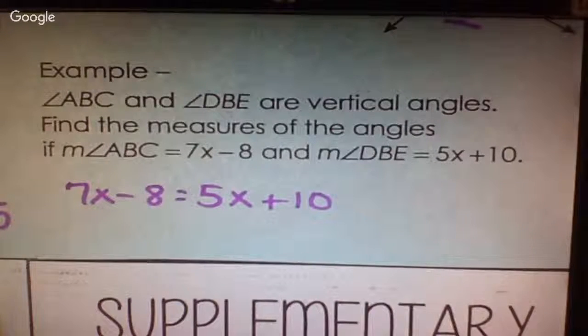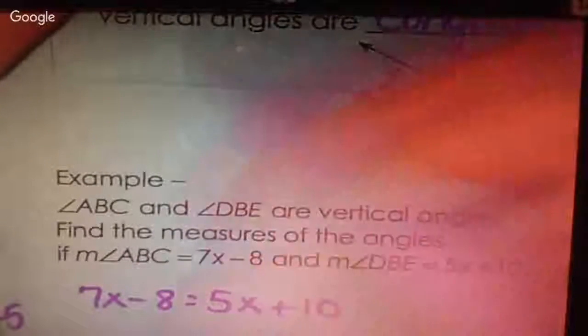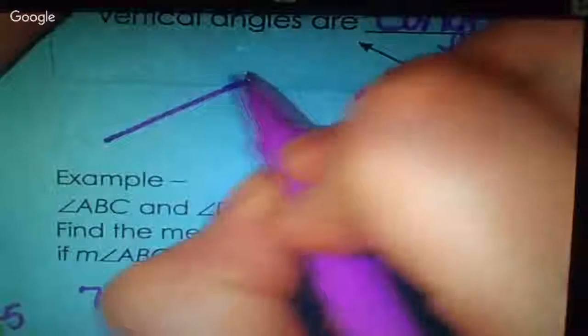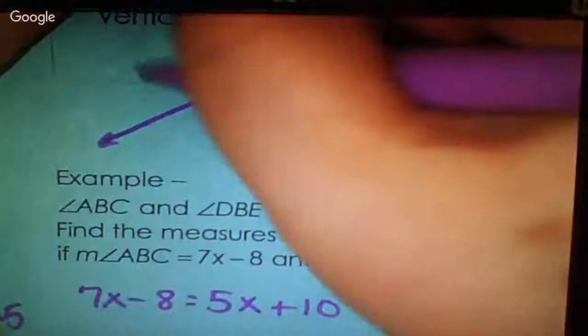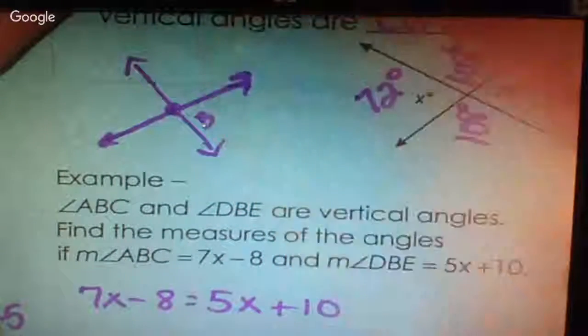Okay, so let's say you got the X. What would the line ABC and D be? So this is a picture. Maybe this will make more sense. This picture is going to look like this. This is B in the middle.